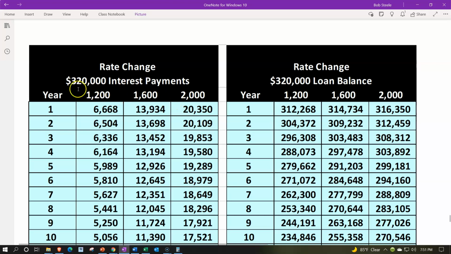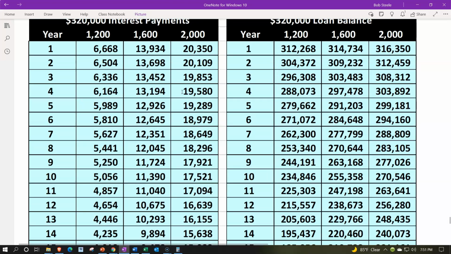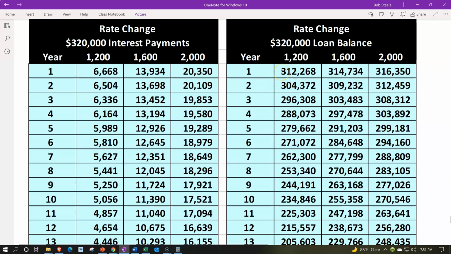In other words, if you hold the amount at $320,000 and you change the payments, and you let the rates alter automatically in relation to the payments, what's going to be the year-by-year breakout for years 1 through 30, given these payment amounts of $1,200, $1,600, and $2,000, for the interest, and the year-by-year breakout for the loan balance at the end of each year for those three settings? That's just one example of the kind of things you can look up with a table like that.